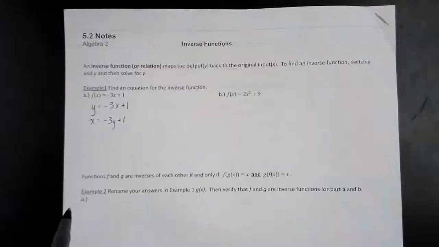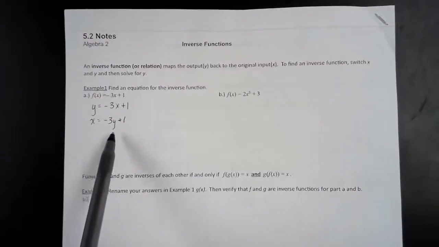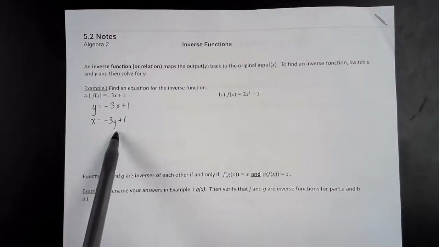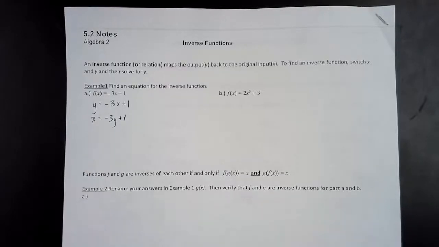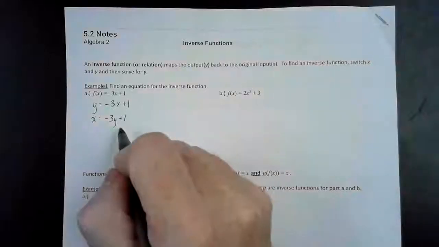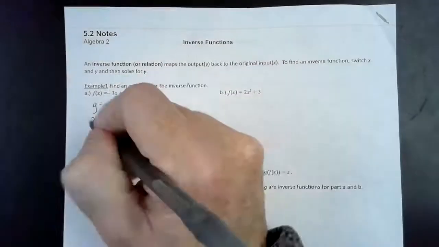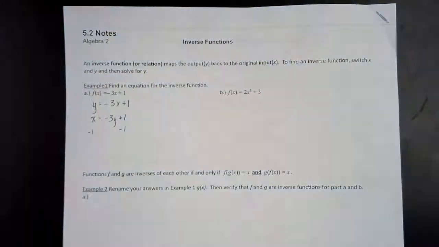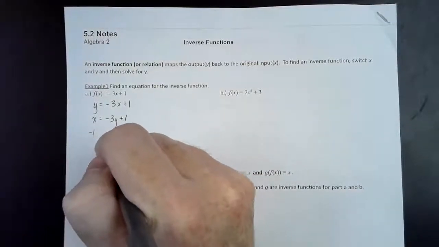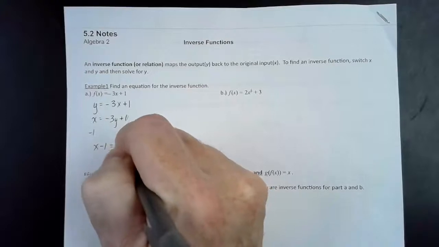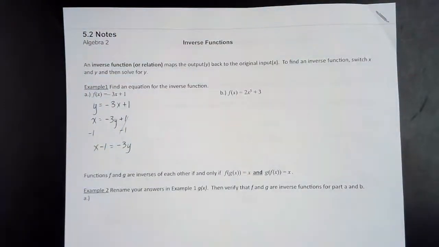Okay, and now we're going back to algebra 1. You need to solve for y. So you need to isolate the variable y, get it by itself. So we need to remove everything around it. So I'm going to subtract this 1 from both sides. That leaves me x minus 1, because you can't combine those, equals negative 3y.